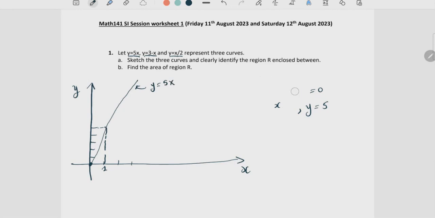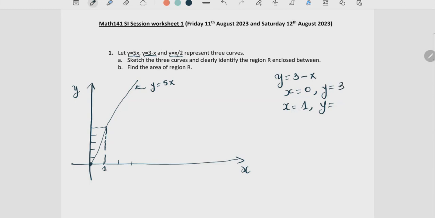Now our second curve is y is equal to 3x, which means that when x is equal to 0, y is equal to 0 as well. When x is equal to 1, y is equal to 3, right? So it's 3x or 3 minus x? Oh, sorry, 3 minus x. Thank you for that. So 3 minus x. So when x is equal to 0, y is equal to 3.